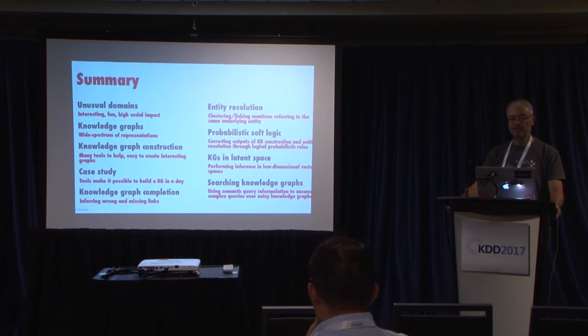So there are methods for taking knowledge graphs and using them in machine learning, so you can embed the nodes and the edges into a vector space so that you can apply machine learning techniques. And then something we didn't cover in great detail are techniques for robustly searching these knowledge graphs that we know are noisy and incomplete.